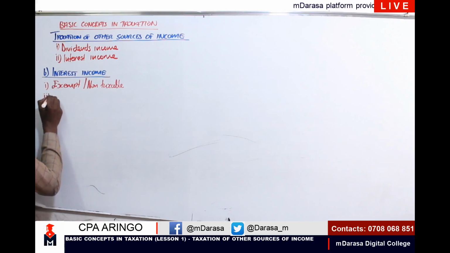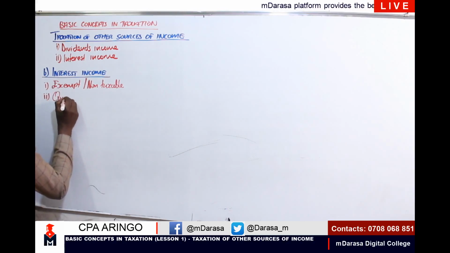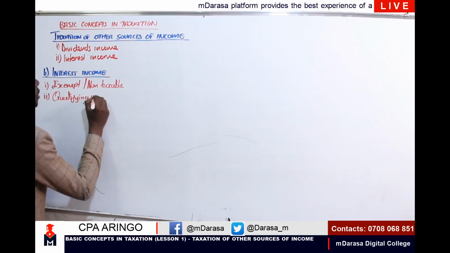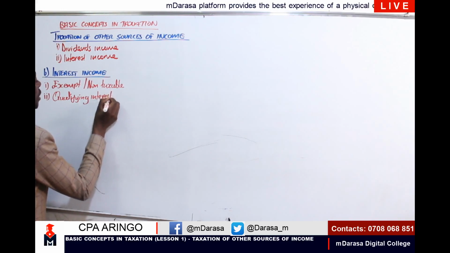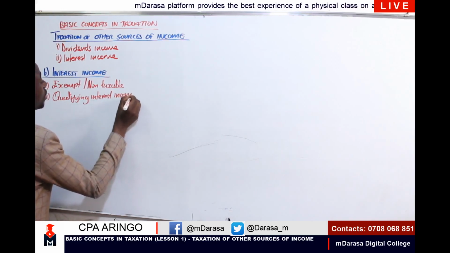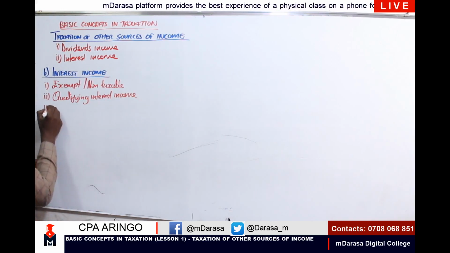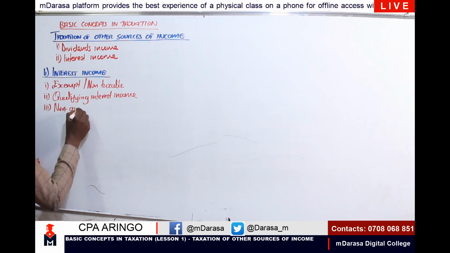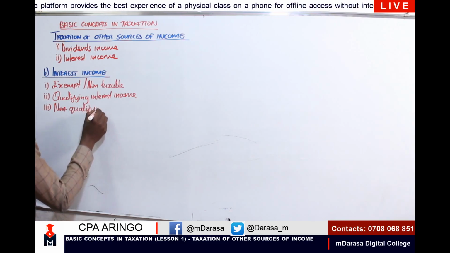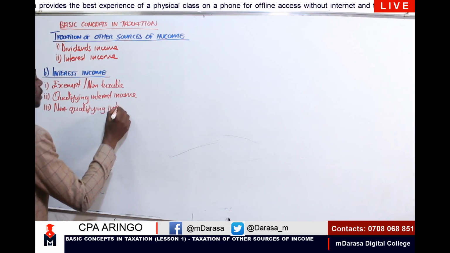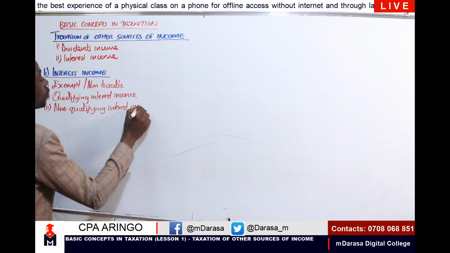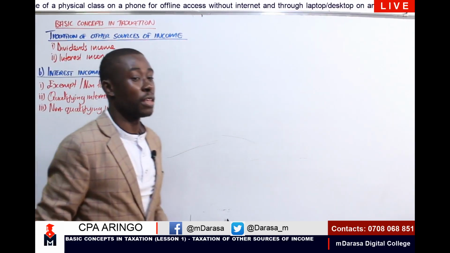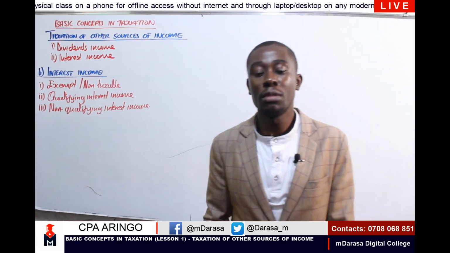Number two, qualifying interest income. Number three, non-qualifying interest income. So basically, these are the types of interest incomes that we'll always be talking about.